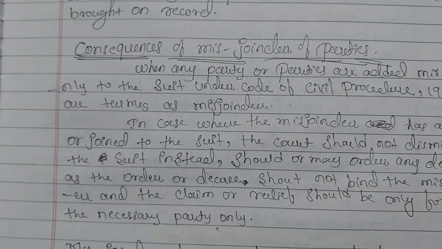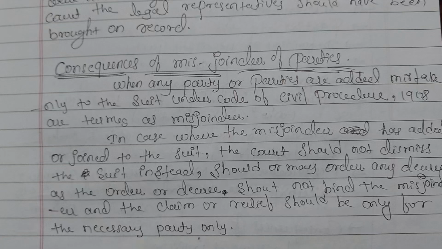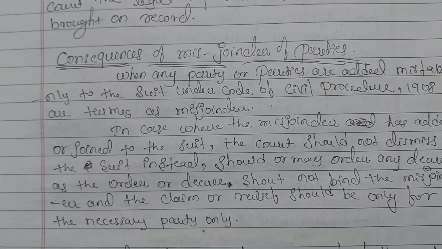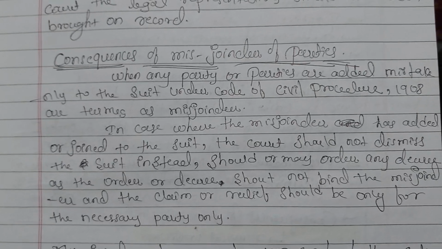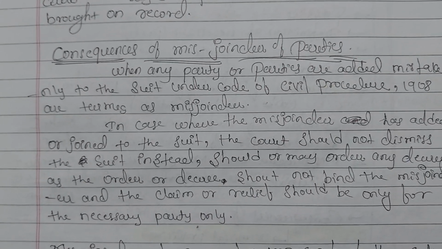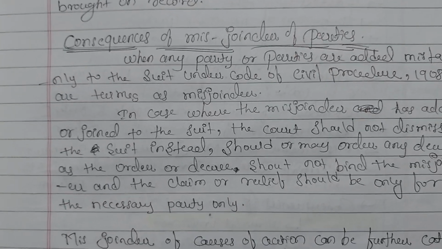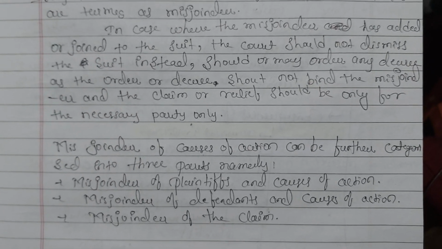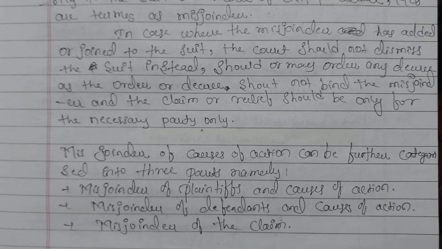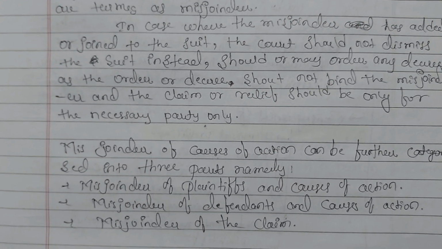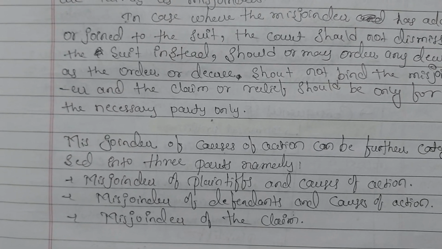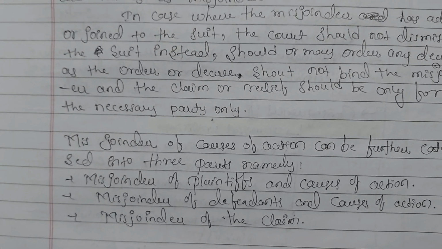Instead, it may pass a decree, as the order or decree should not bind the misjoined party, and the claim or relief should be for the necessary party only. Misjoinder of the cause of action can be further categorized into three types, namely misjoinder of the plaintiff and causes of action, misjoinder of the defendant and cause of action, and misjoinder of the claimant.